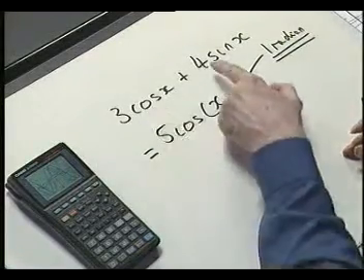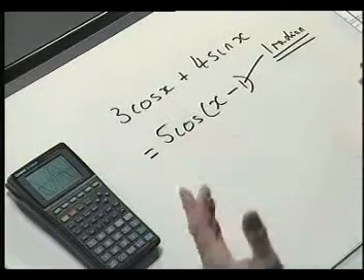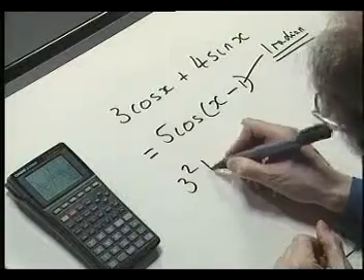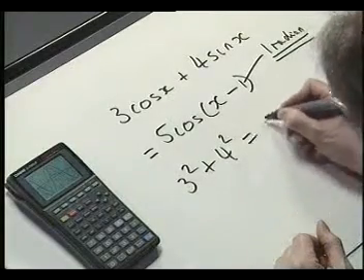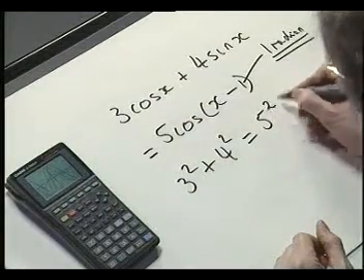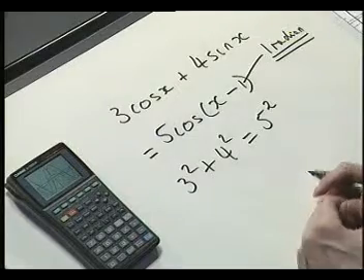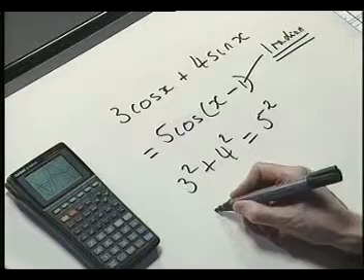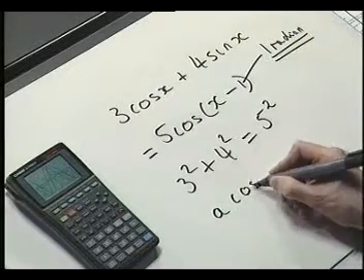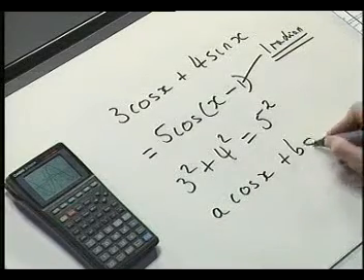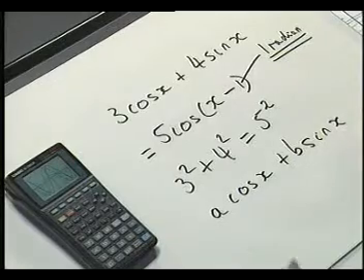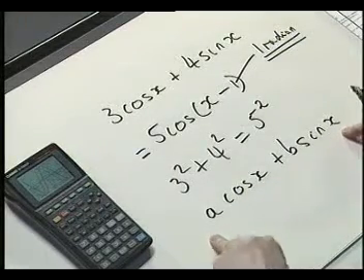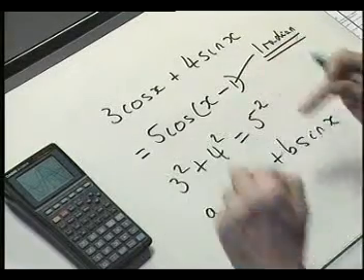Well, 3, 4 and 5 are a Pythagorean triple. 3 squared plus 4 squared equals 5 squared. So that kind of says to us, if we had any function a cos x plus b sine x, could we bring these 2 functions together as one function like that?